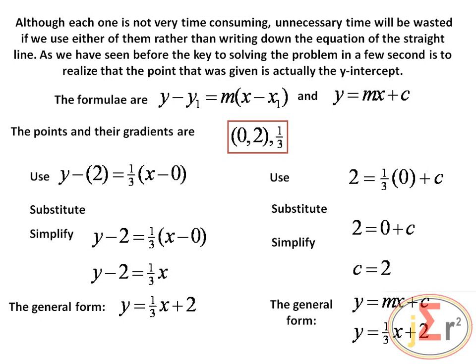And as we have demonstrated by going through this process, the solution could have taken a much shorter time if we realize that the point that is given is actually on the y-axis, to the effect that the y-ordinate is going to be identically equal to the y-intercept.